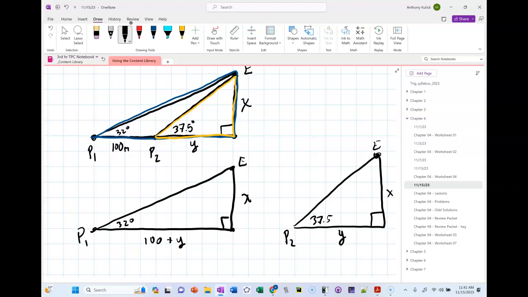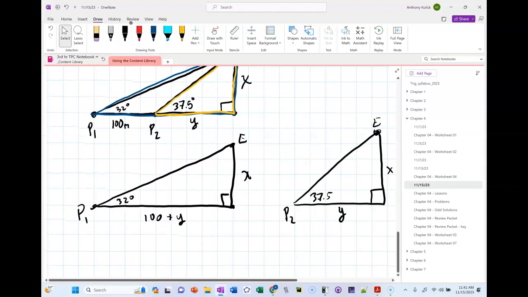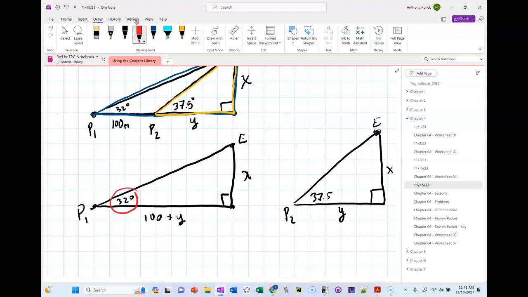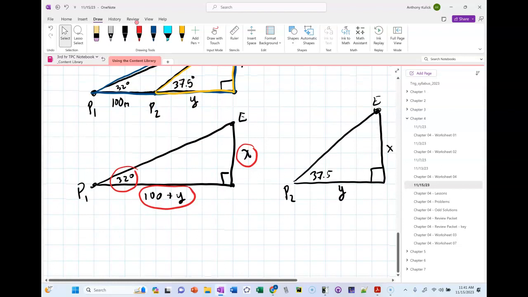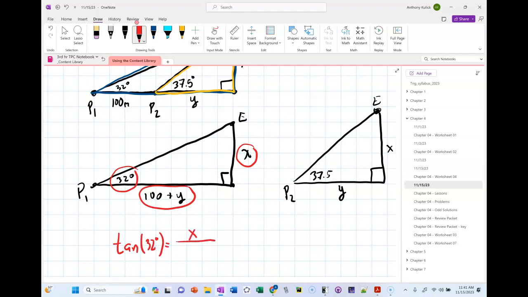We feel okay there? So if I look at this first triangle, relative to this angle 32, the two sides we're concerned with are opposite and adjacent. So I can write tan 32 equals opposite over adjacent.